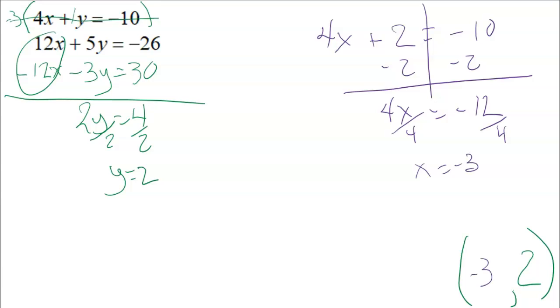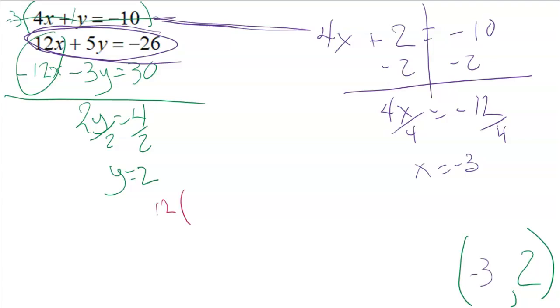Okay, now since I used the top equation to find my x, I'm going to check it with the second equation. In case I made a mistake, I should be able to pick it up really easy this way. So we have 12, and x is -3, plus 5, and y is 2, and that's supposed to equal -26. 12 times -3 is -36.